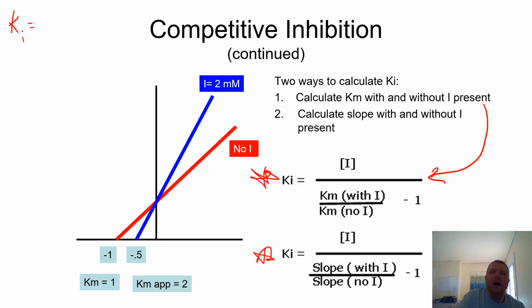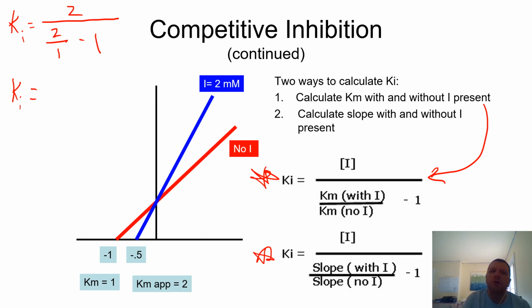So my Ki is going to be my inhibitor concentration, 2, divided by my Km with my inhibitor, which is 2, over no inhibitor, which is 1, minus 1. Now these are nice round numbers, and that's for good reason. It's supposed to be easy and presented this way so that you understand the concept.